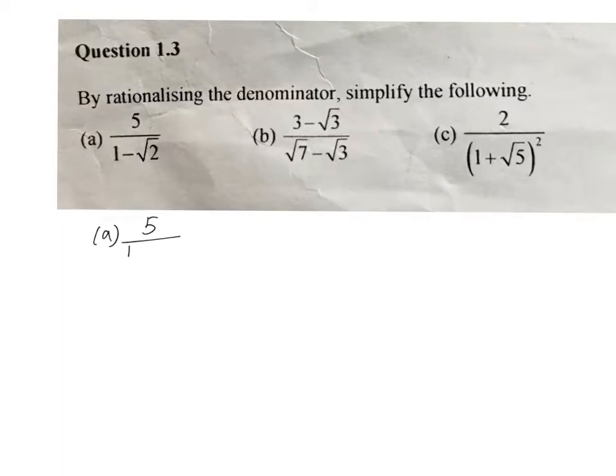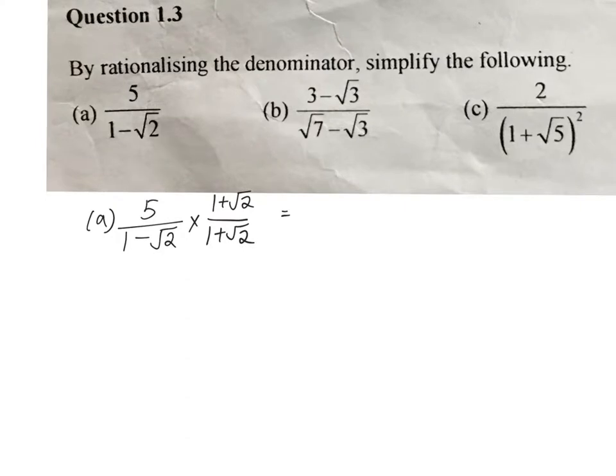5 over 1 minus square root 2. What we do is we multiply by the conjugate, which is 1 plus square root 2 over 1 plus square root 2. Okay, and looking at the bottom, what we are employing is nothing but the fact that (a minus b)(a plus b) gives us the identity a squared minus b squared.